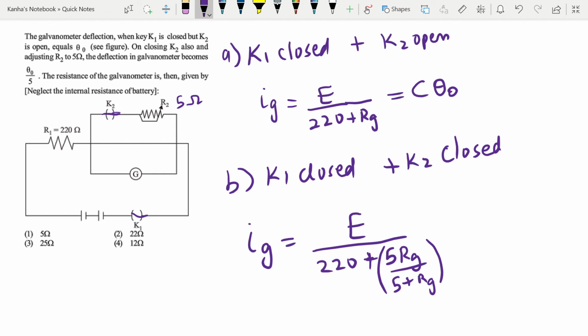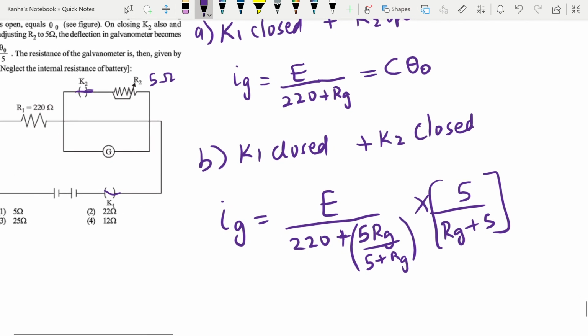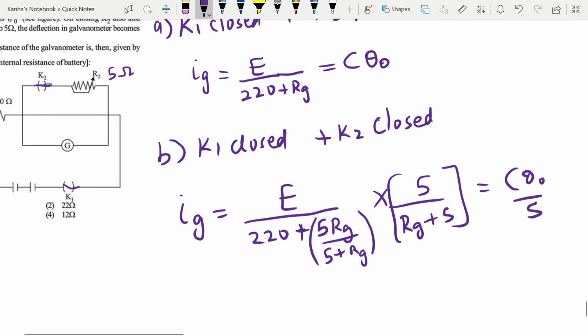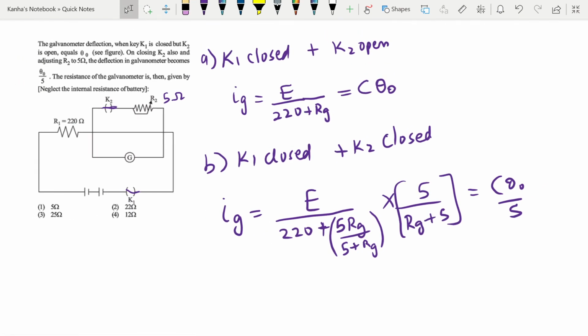So you have these two in parallel, and then it's multiplied by this, which is being given as C theta naught by 5, because in this case both the loops are in parallel, thus the current divides itself.